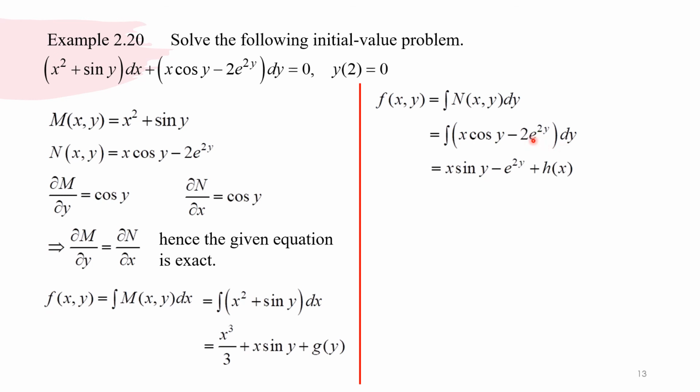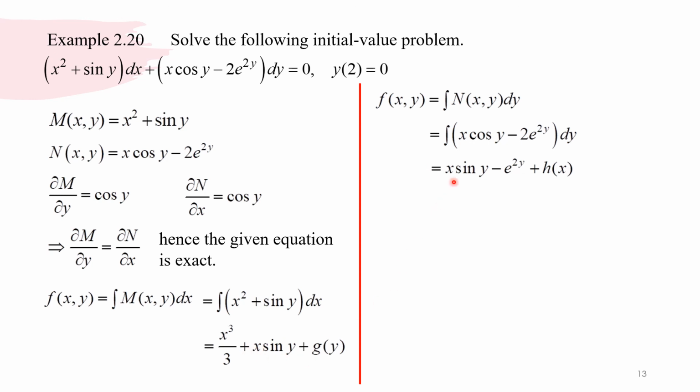When we integrate e to the power of 2y with respect to y, the answer is e to the power of 2y divided by 2, so the 2 cancels, and the answer will be just negative e to the power of 2y. Then we add another term, which we write as h of x. These are the results for the function f of x, y.